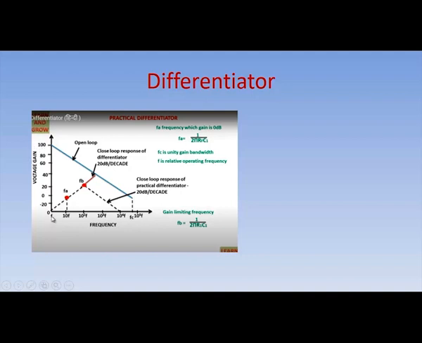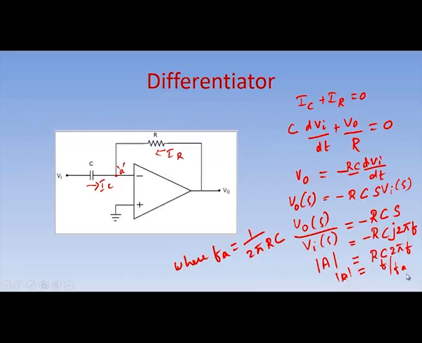If the frequency is increased to Fa, the gain of the differentiator will be equal to 0 dB. In the equation A is equal to F by Fa, if F is equal to Fa, then the mod value is 1, which in dB is 0 dB.